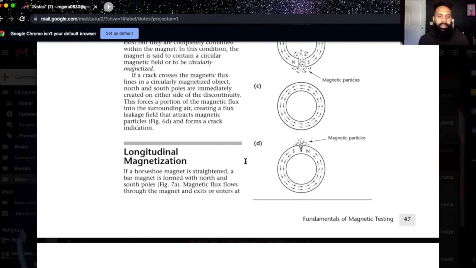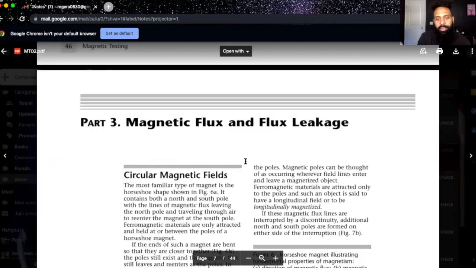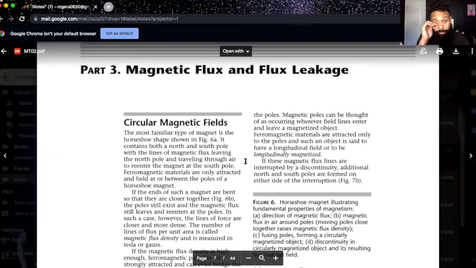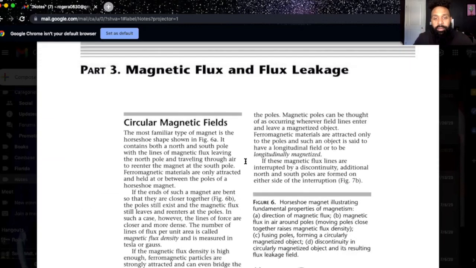Longitudinal magnetization. If a horseshoe magnet is straightened, a bar magnet is formed with north and south poles. Figure 7a. Magnetic flux flows through the magnet and exits or enters at the poles. Magnetic poles can be thought of as occurring wherever field lines enter and leave a magnetized object.